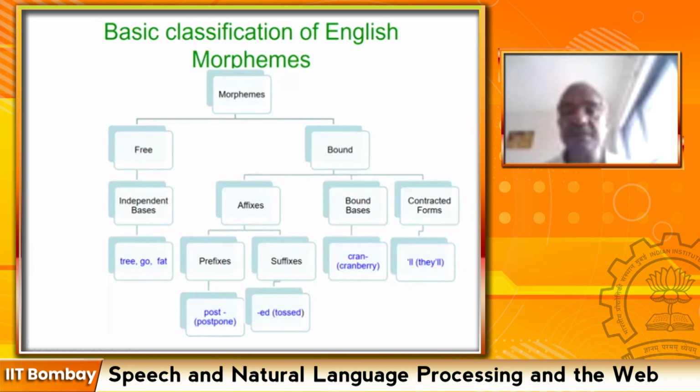This happens in English, and it will be interesting and very instructive for you to draw a morpheme tree for your own language, your own mother tongue. Hindi speakers can draw this morpheme tree for Hindi. Assamese speakers can draw for Assamese.